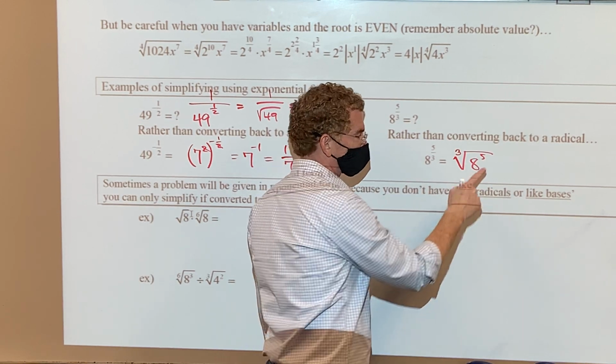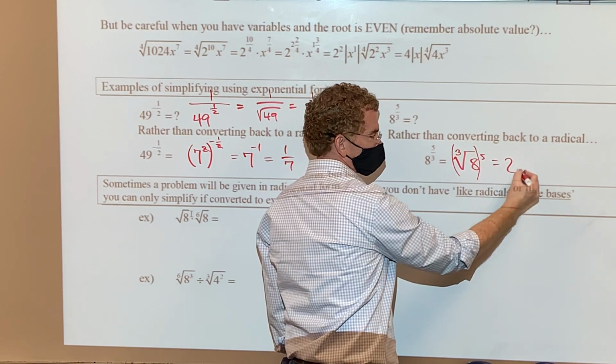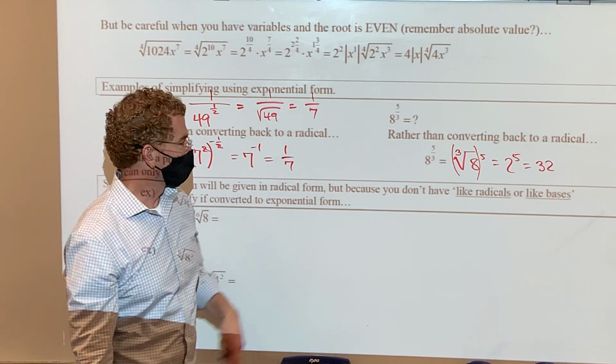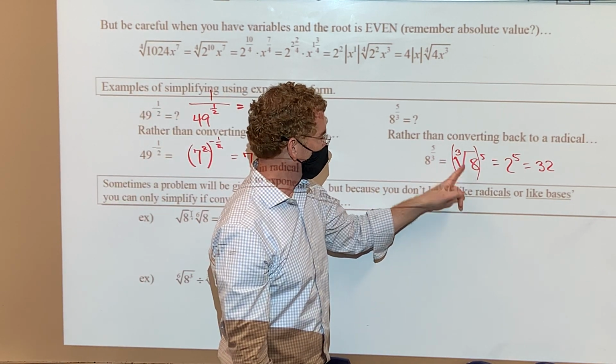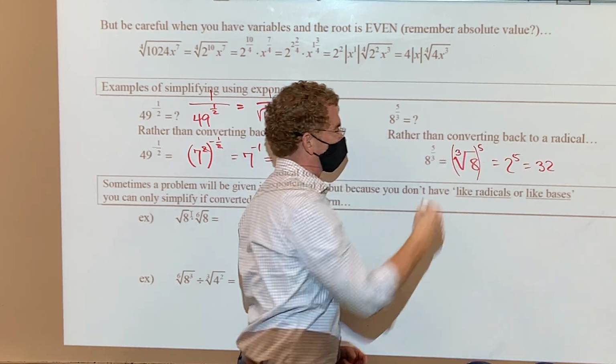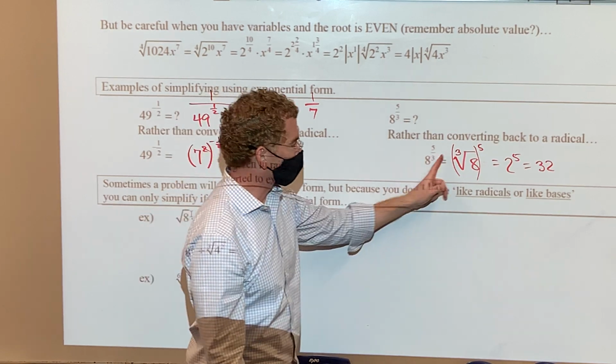The cube root of 8 is 2, or remember, I can put the 5 outside. That's 2 to the 5th. Does that make sense? I can do the cube root of 8 and then raise it to the 5th power when I'm done. Or I could take the cube root of 8 to the 5th, which is 2 to the 15th, which I don't know off the top of my head. But either way, I can get there.